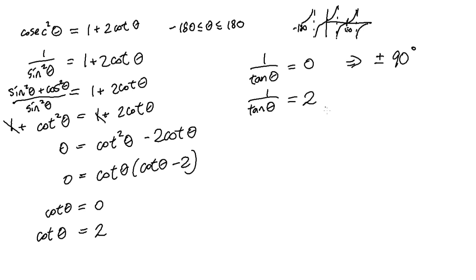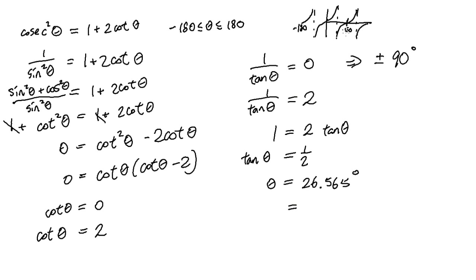And for the second one, which makes a lot more sense, 2 tan theta equals 1, which means that tangent theta is a half, and this time we can actually use our calculator because it makes sense. Arctangent of 0.5 is 26.565 degrees.